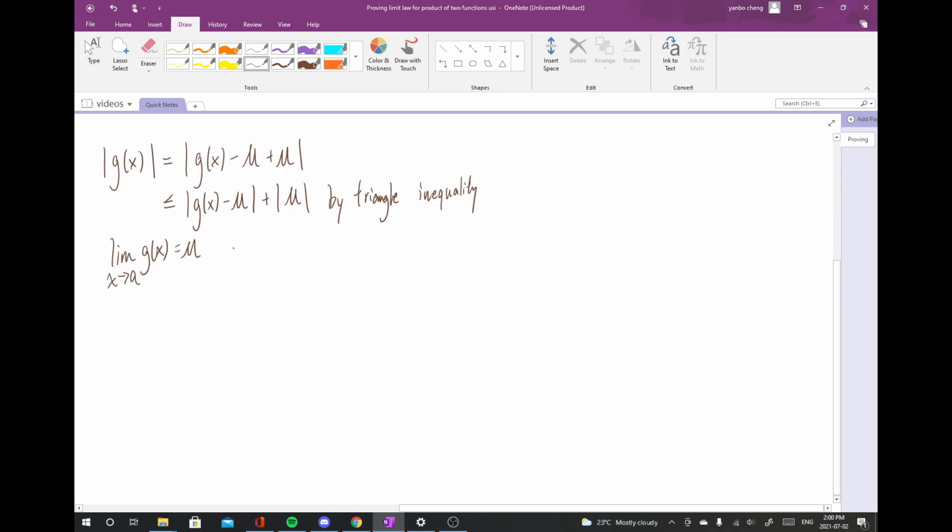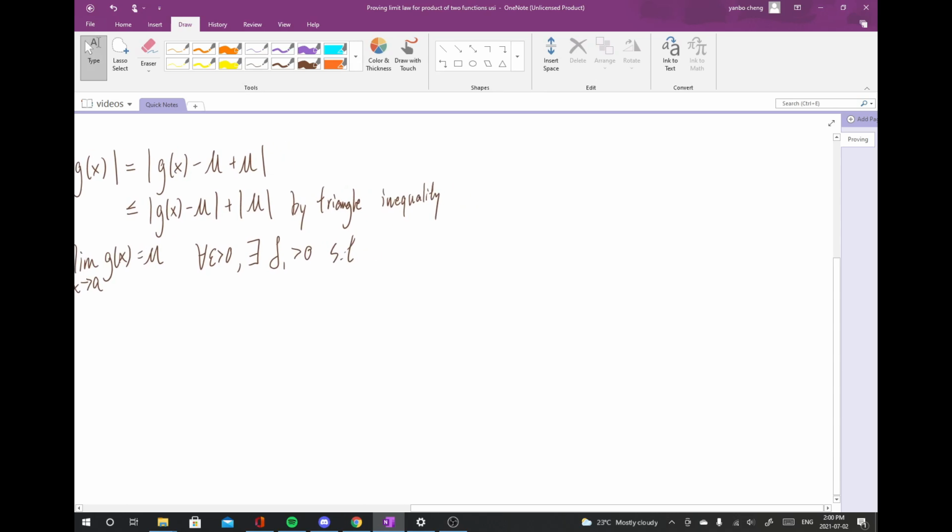It states that for all epsilon greater than 0, there exists a delta, let's name it delta 1, greater than 0, such that as the distance between x and a grows smaller, this implies that the absolute value of g of x minus m is smaller than epsilon.